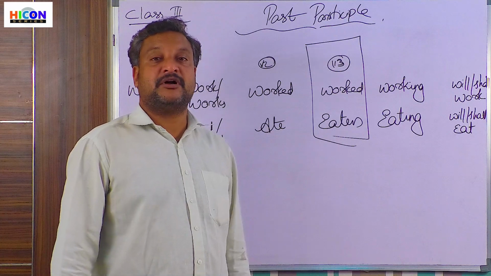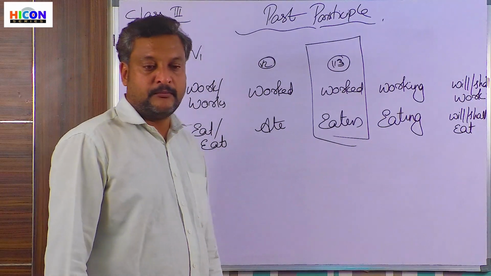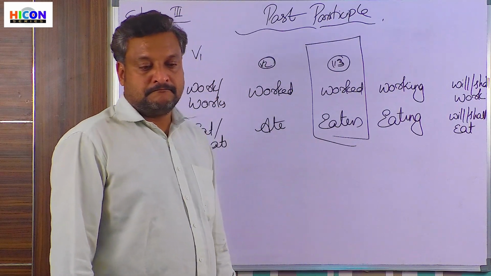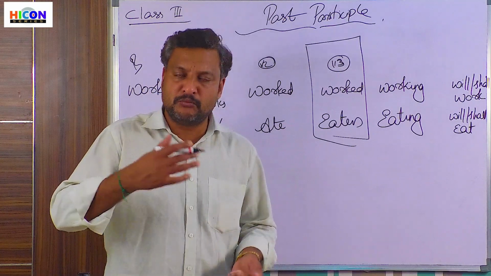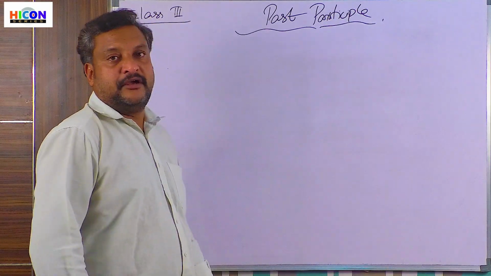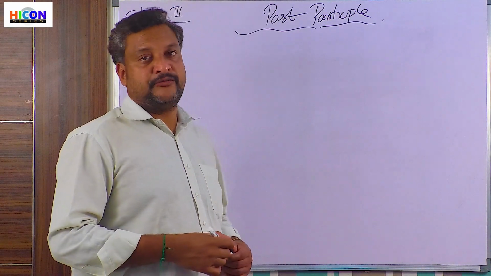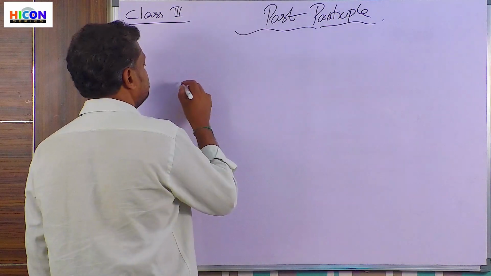And it is usually used to qualify or modify the noun used. Every verb has got 5 forms, and the third form is called the past participle.